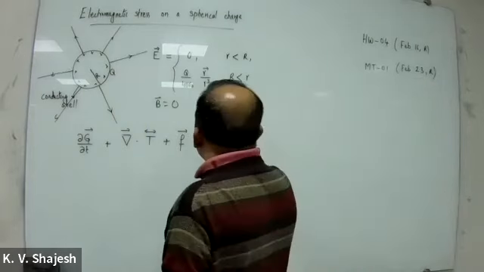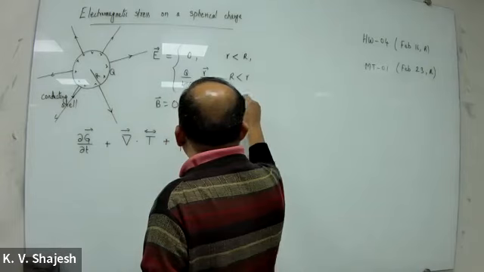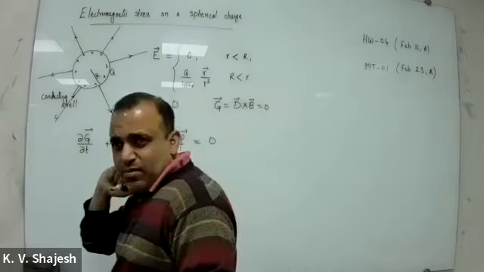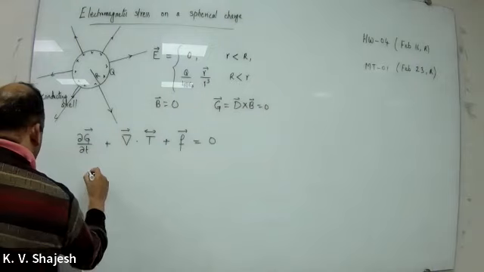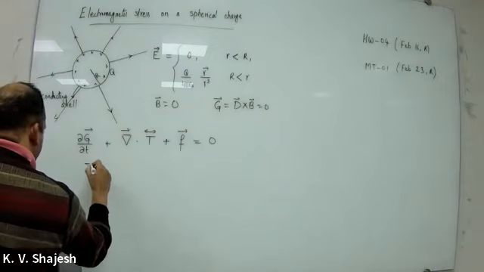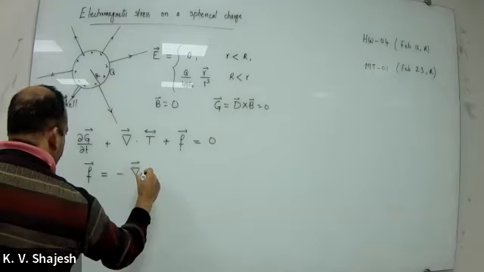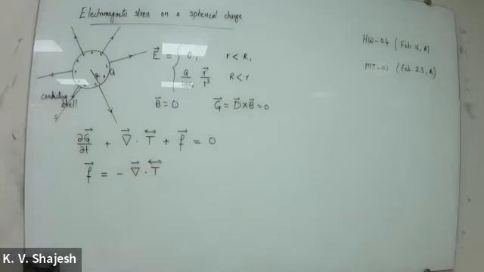And remember, G was equal to E crossed with B. That's equal to 0 immediately. So the first term is 0 to begin with. So you can say the force density is equal to minus the divergence of G.